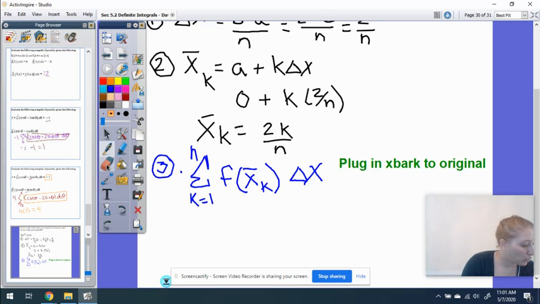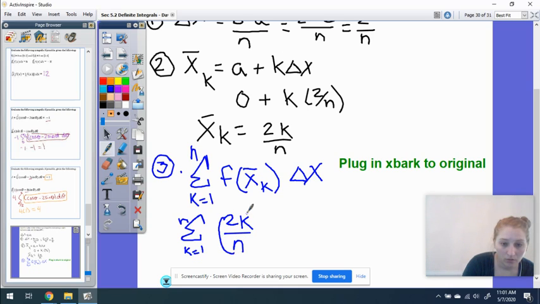All right, so we're going to say 2k over n, cubed, plus 1. Okay, so that was plugged into my original function.